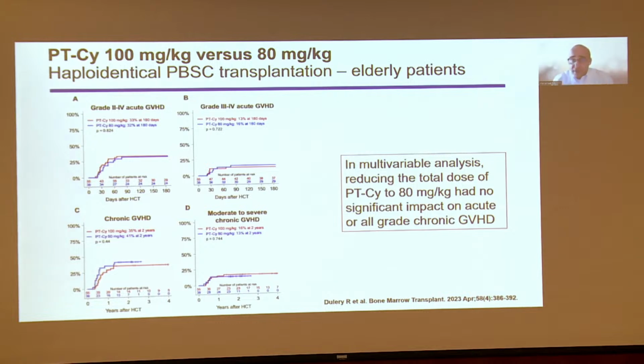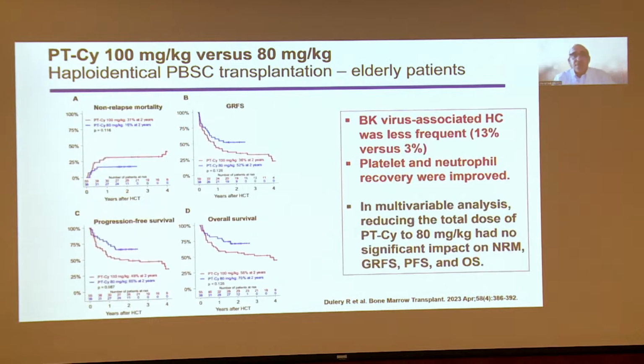And we were very pleased to see that there is no difference when it comes to acute or chronic GVHD, any grade. So very good findings, single center of course, but most importantly, we could see that we have less BK virus related hemorrhagic cystitis. And most of you are well familiar that that could be a matter of concern in those patients when you use high-dose post-Cy.